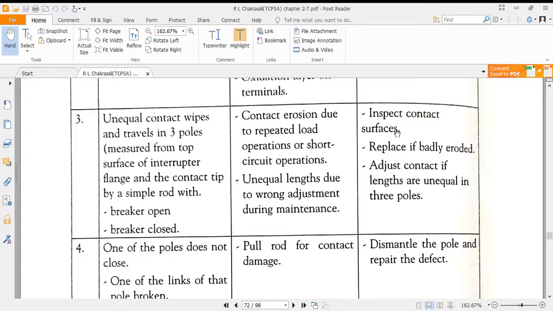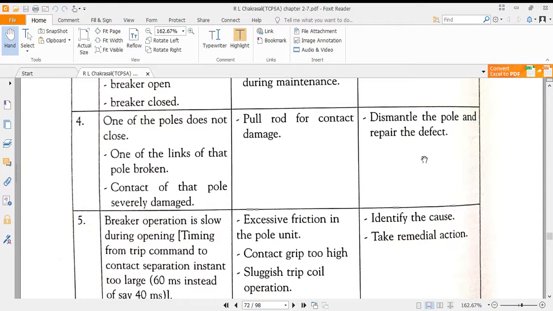Inspect contact surfaces, replace if badly eroded, and adjust contacts if lengths are unequal. Sometimes just by adjusting, it will function properly. If even after adjustment it is not working properly, then inspect contact surfaces and replace if required.